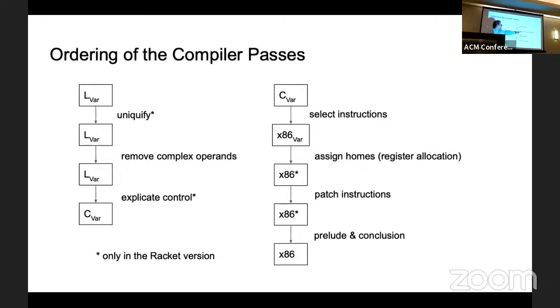Then what happens is, after assigning homes, you still sometimes end up with instructions where, for example, you have an addq where both operands are stack locations. That's not allowed in x86.